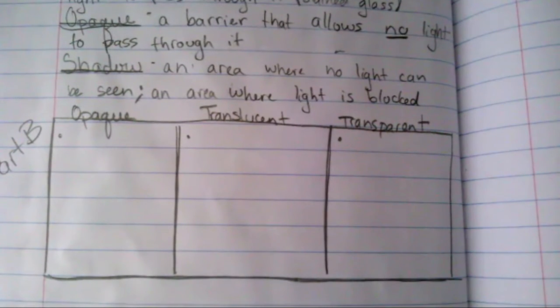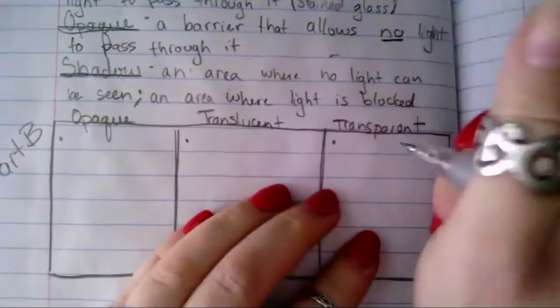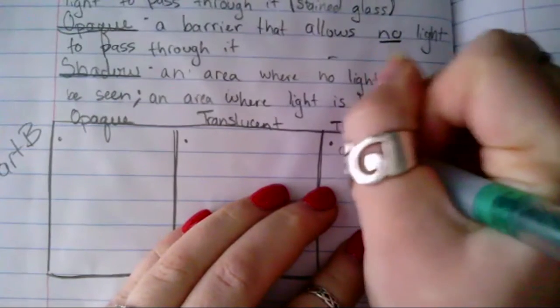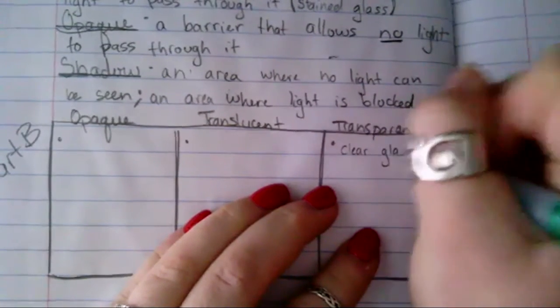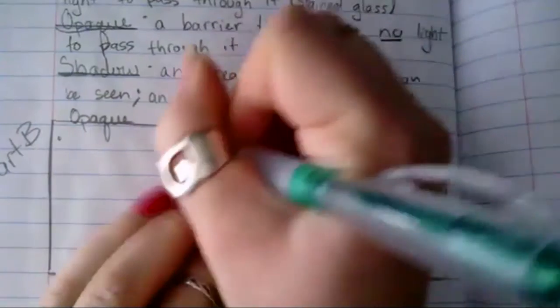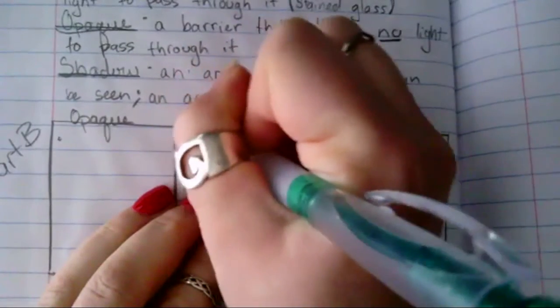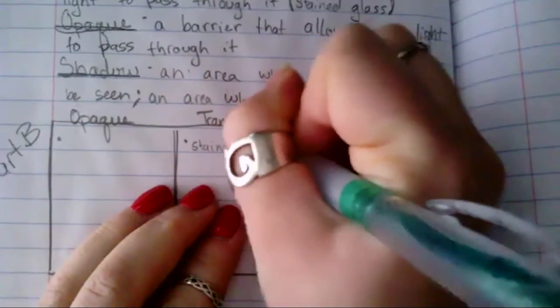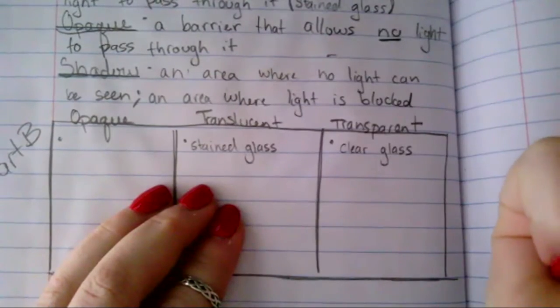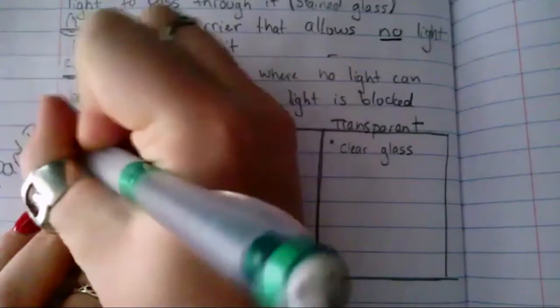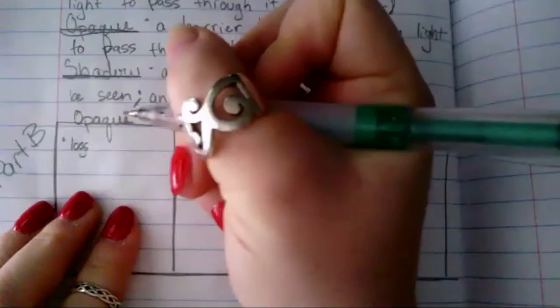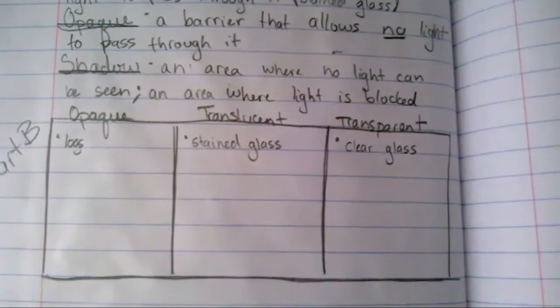What are some examples? Okay. Nathan said that clear glass is transparent. Stained glass is translucent. And that logs or firewood are opaque.